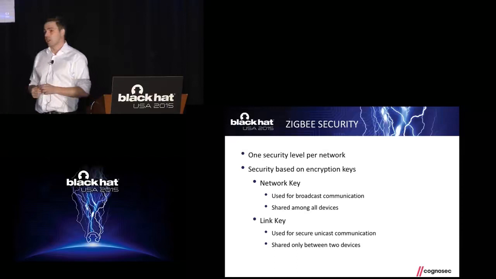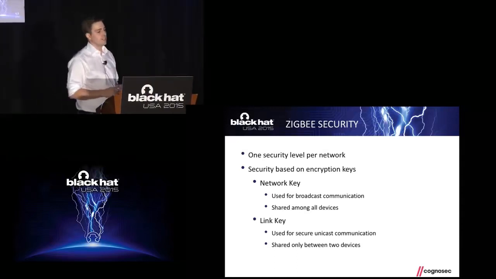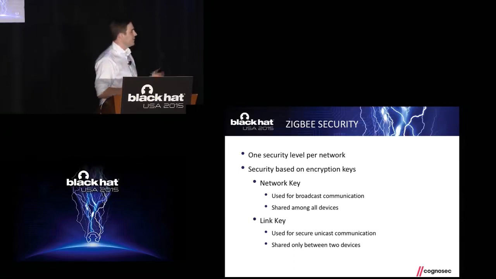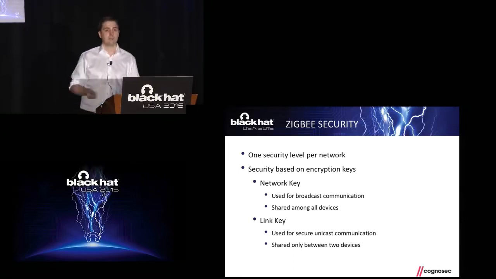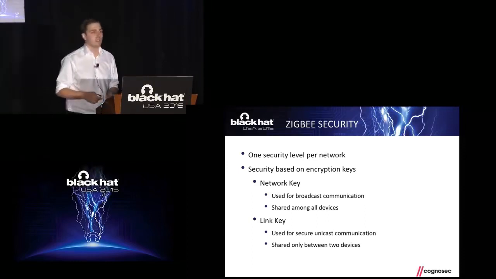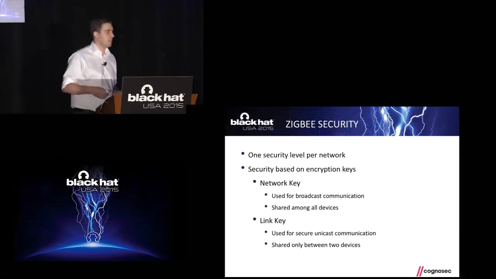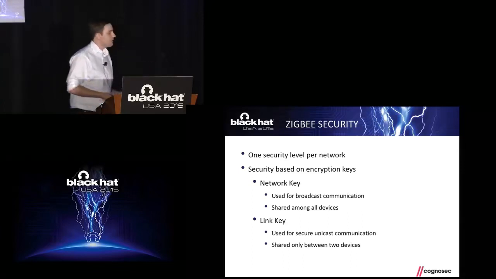As they're doing symmetric encryption, the security is obviously based on the encryption keys. They apply two kinds of keys which are important for us. These are network keys, used on the network layer for broadcast communication. So every message is encrypted on this level, and the key is shared among all devices.